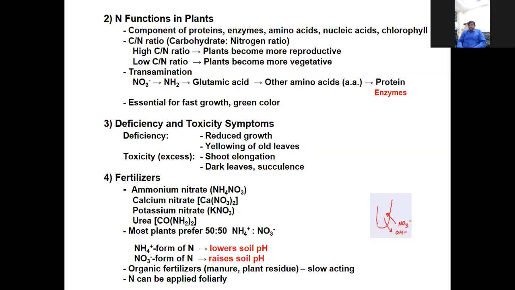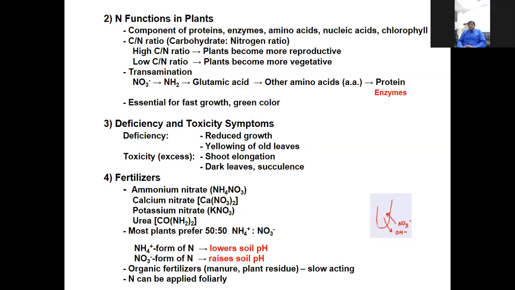With a low CN ratio, the plant shows only vegetative growth. Transamination: NO3 gets converted into NH2, then it gets converted into glutamic acid and other amino acids. It is essential for fast growth and development of dark green color.